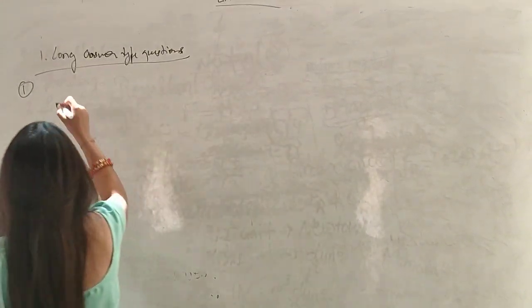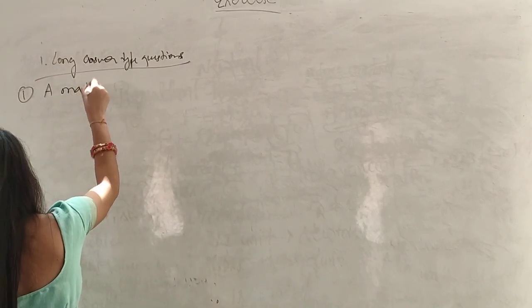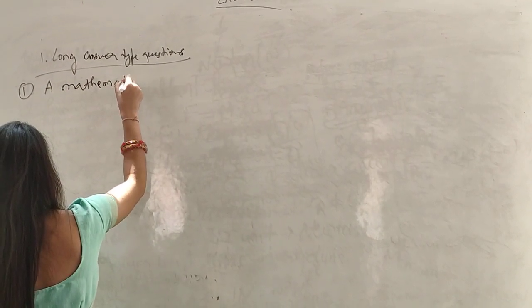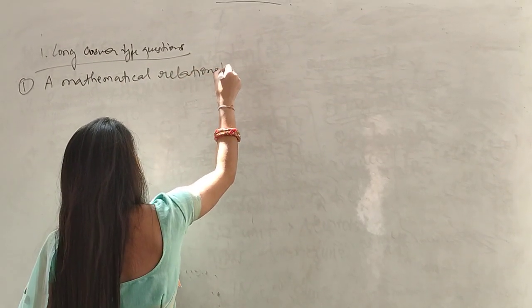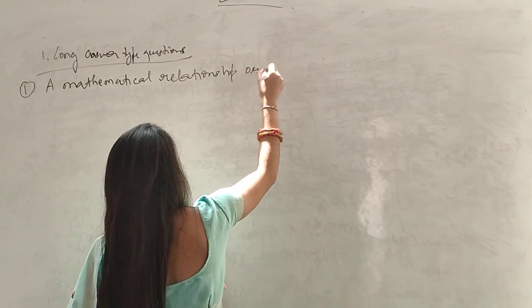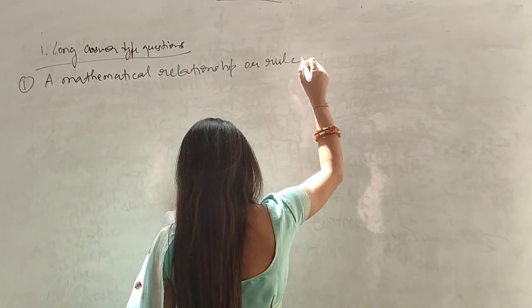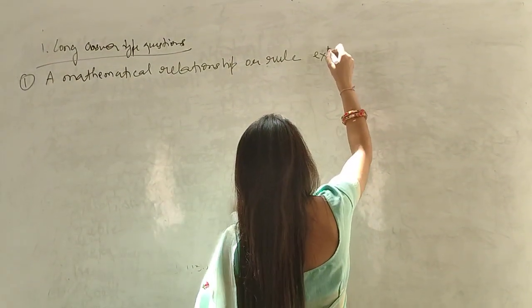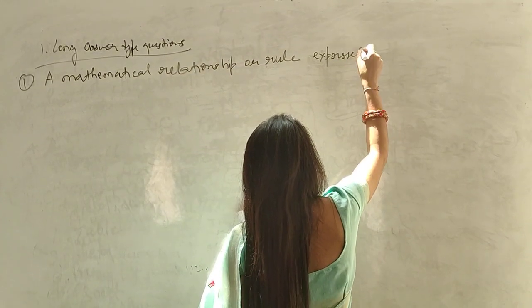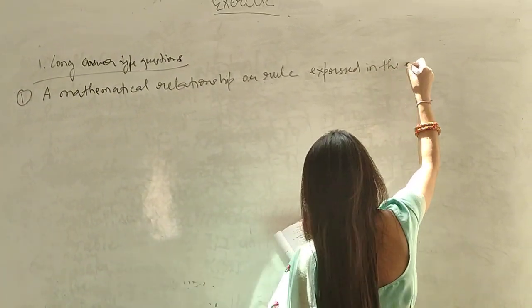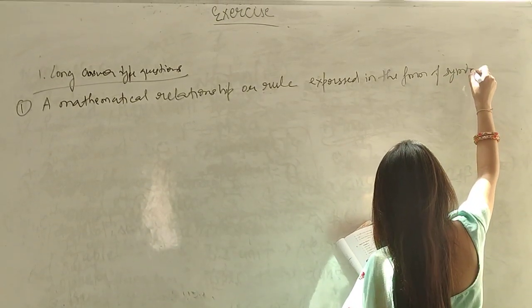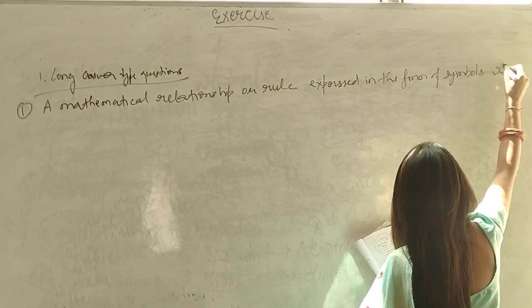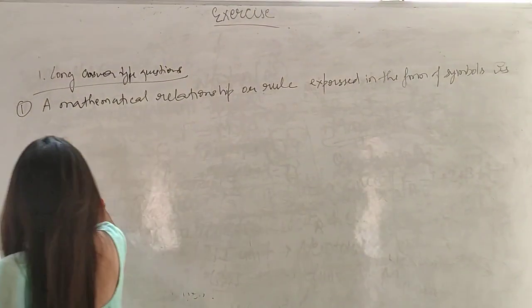It is a mathematical relationship or rule expressed in the form of symbols is known as formula.